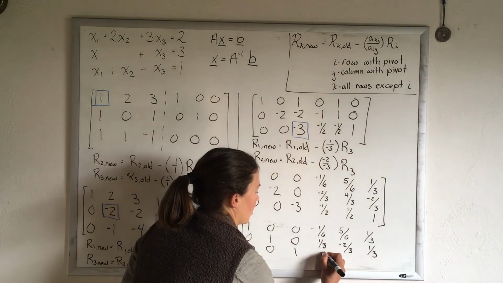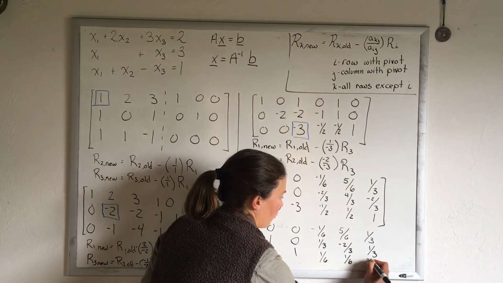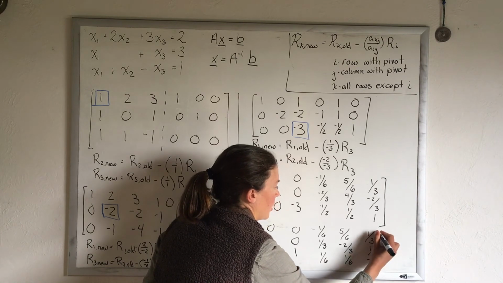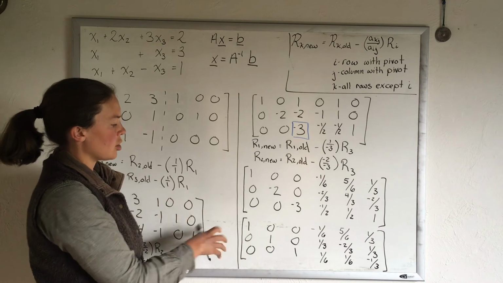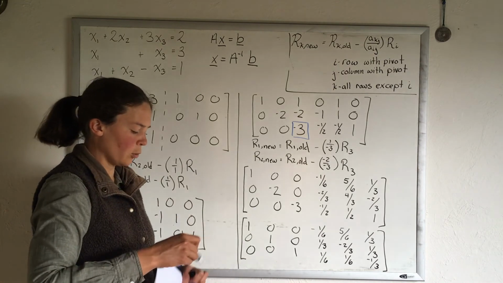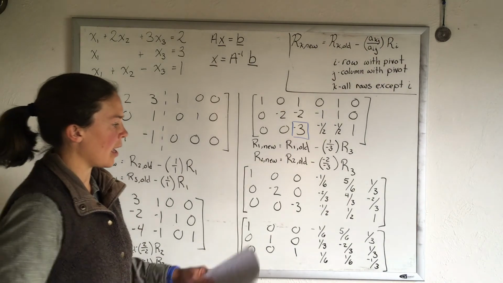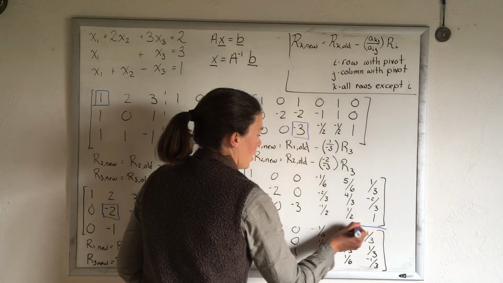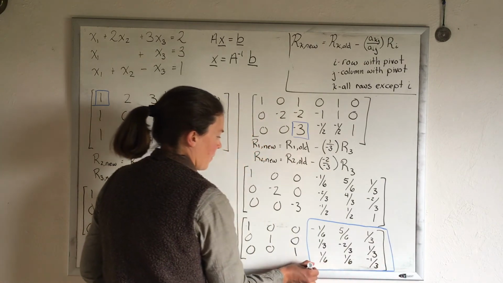And then the last elements are 1/6, 1/6, and -1/3. And after doing that Gaussian elimination to get the reduced row echelon form, the right-hand side of this matrix is now my A inverse. So right here, here's my A inverse.